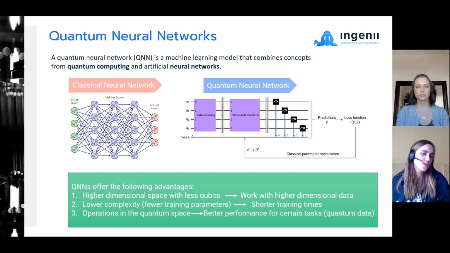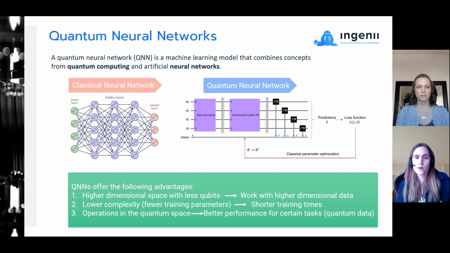And finally, there's a third one. Quantum neural networks work in the quantum space. So the operations that are done to the data lie in this quantum space, and these can offer better performance for certain tasks.